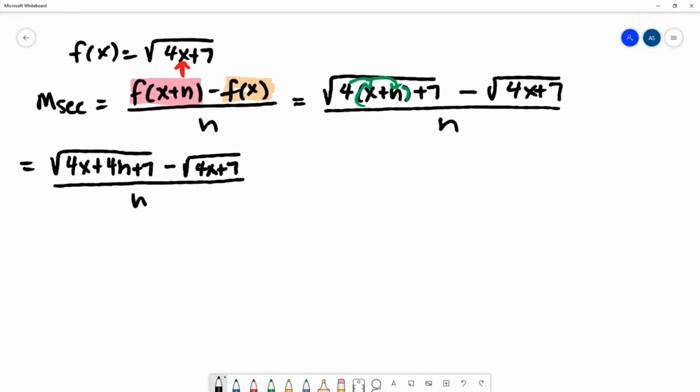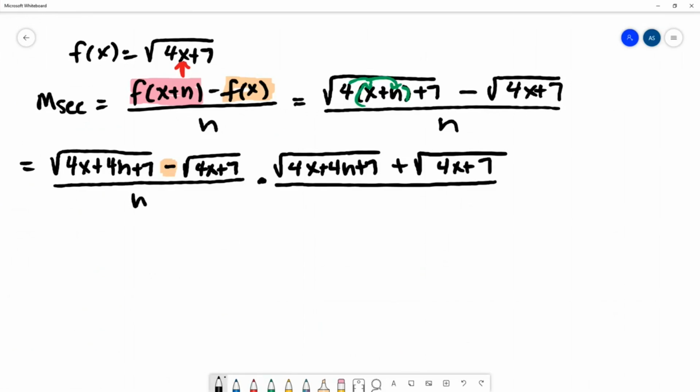And we're going to simplify this by using a strategy of multiplying by the conjugate. Now, the conjugate is going to have the opposite sign of what we have in the numerator. That's square root of 4x plus 4h plus 7 plus square root of 4x plus 7. And we're going to multiply by the same thing in the denominator so that we're multiplying by a form of 1.